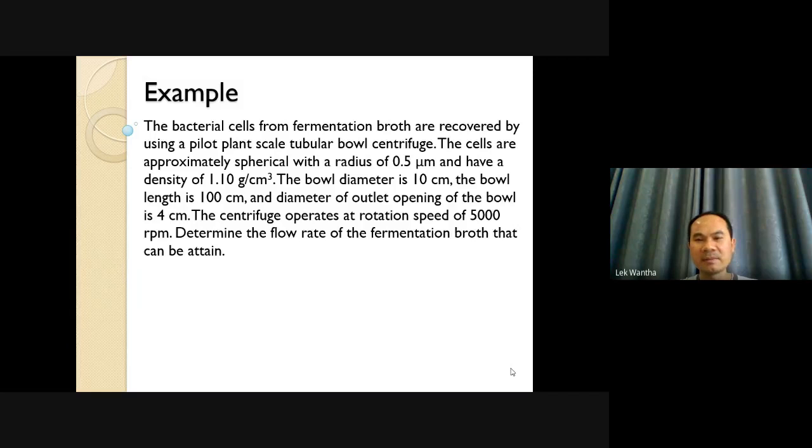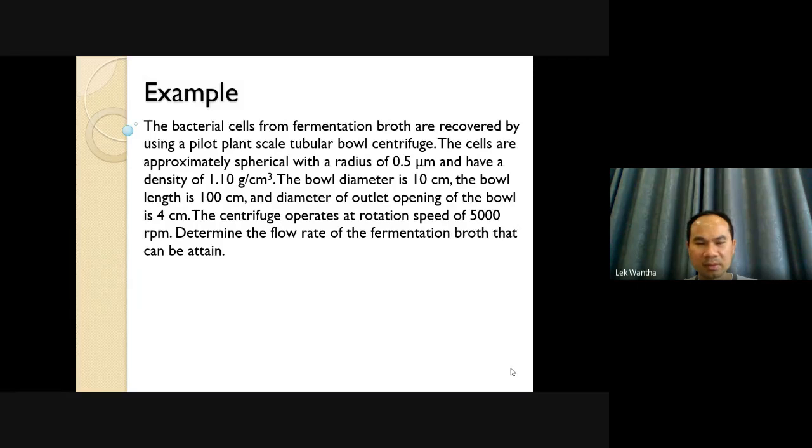This means we calculate the flow rate of the fermentation broth that can be achieved. I will talk about the diameter of the bowl and the length of the bowl, and the diameter of the outlet opening of the bowl.